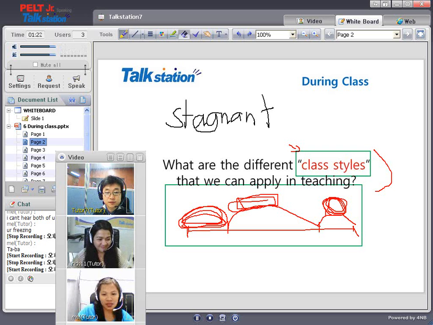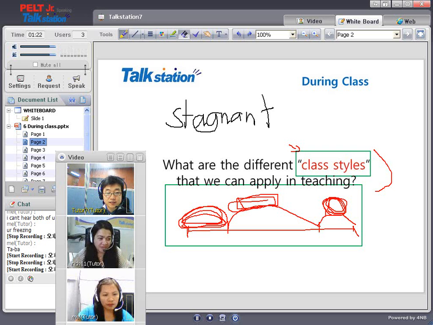Like, one week, this class style, next week, another, so that your class will be more interesting to the student. You need to use different class styles, not the same class style for one year. That would be boring.